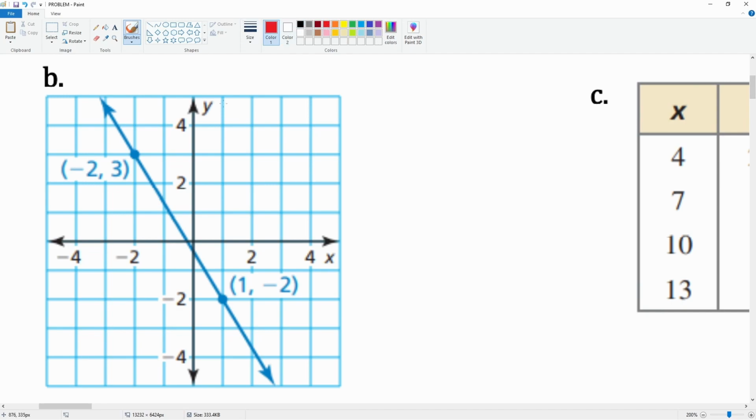Same thing here. Let's count 1, 2, 3, 4, 5. Delta y is equal to -5. Then 1, 2, 3: delta x is equal to 3. So m is equal to delta y on top and delta x on bottom.